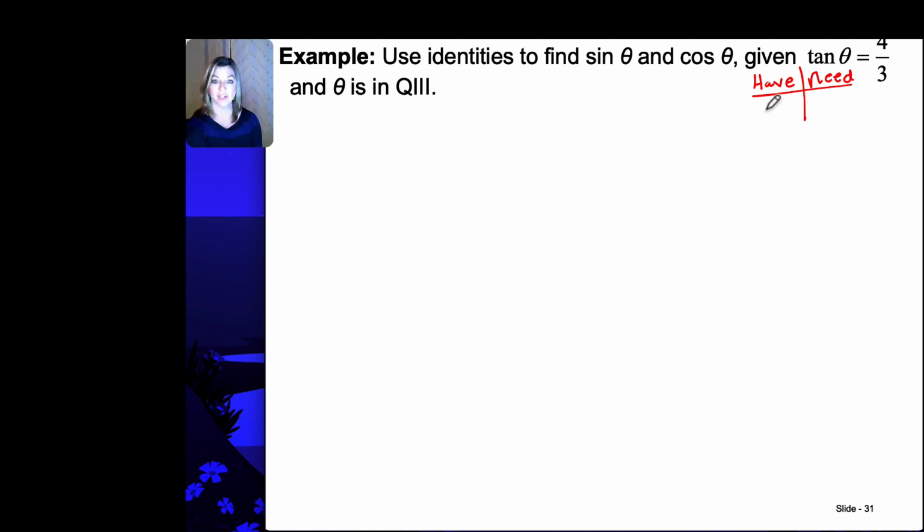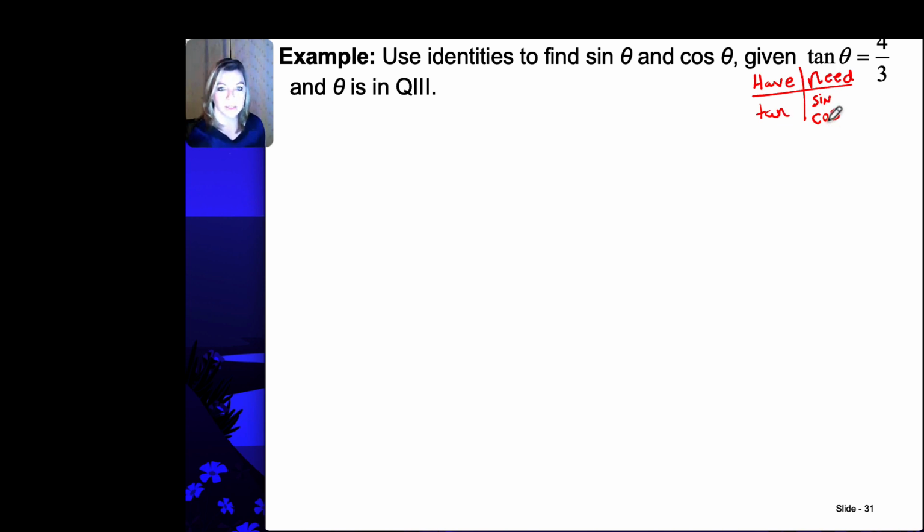So we have tangent of theta, it's 4 over 3. And what we need is sine and cosine. I'm going to write them both down, even though I'm not sure which one I'm going to go for first. Okay, we have tangent, we need these two.